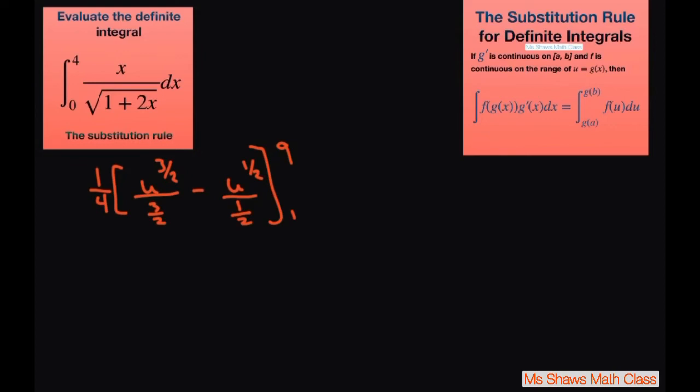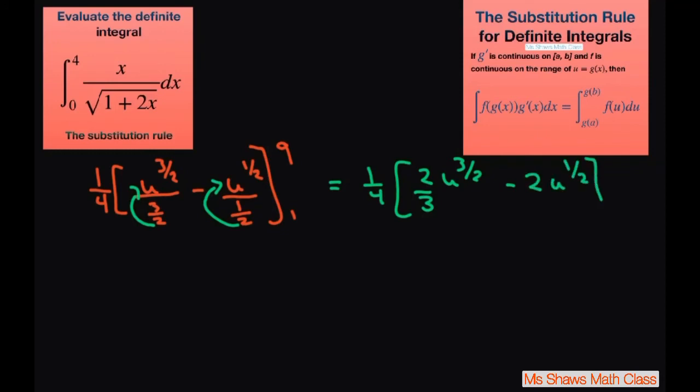All right. Now I'm going to move this 2 up here. And if I do that, I'm going to get 1/4, 2u to the 3/2 divided by 3, minus 2u to the 1/2. And we're going from 1 to 9.